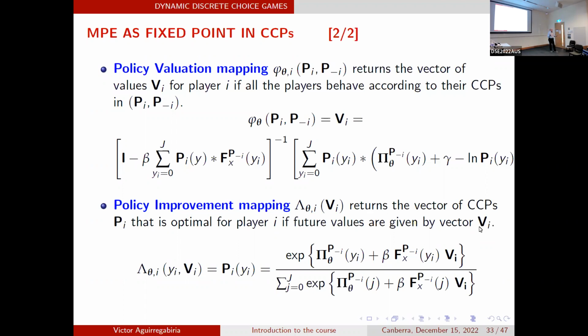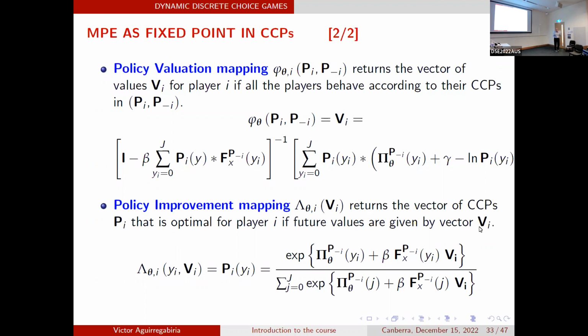That is a function. That gives us this vector of values, and now I take that as given and I best respond. And this gives me the best response choice probabilities of player i. This is a function. That's what we are doing in that iteration. We are just best responding to some choice probabilities. That's a well-defined function.